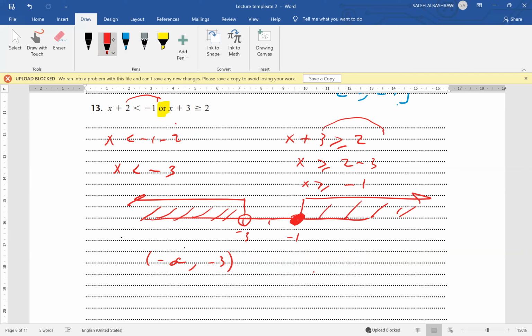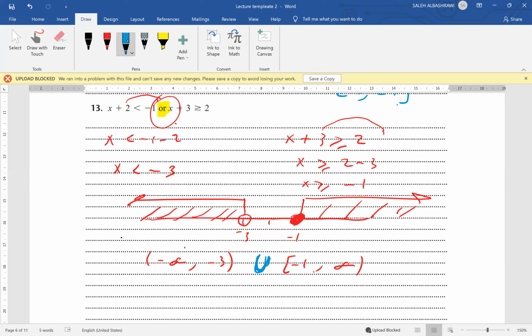So the solution set of the second inequality is closed from this side, minus 1 to infinity, open. But since we have OR, we have to make it a union.